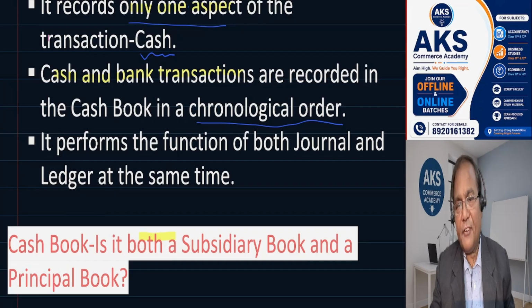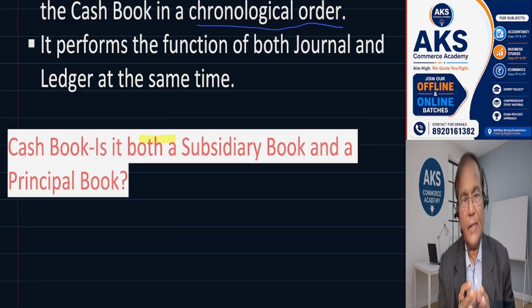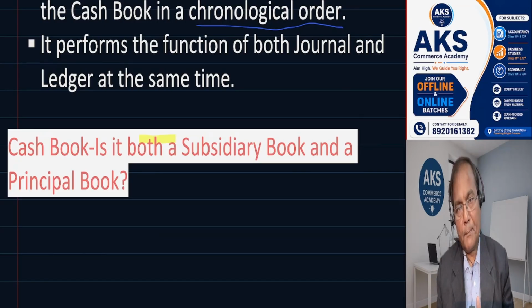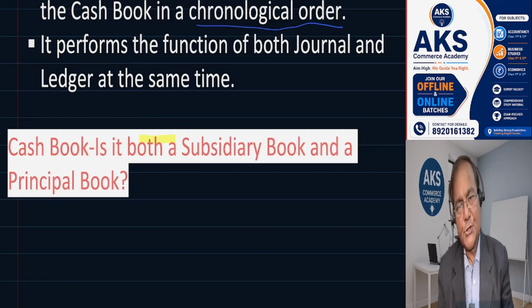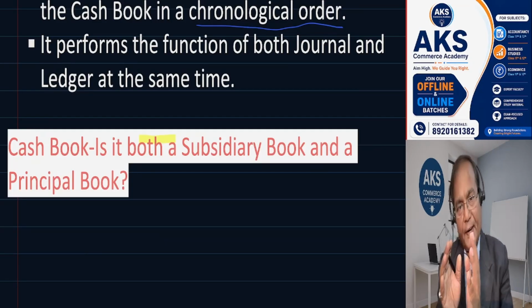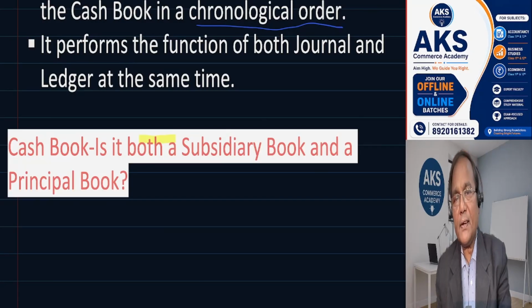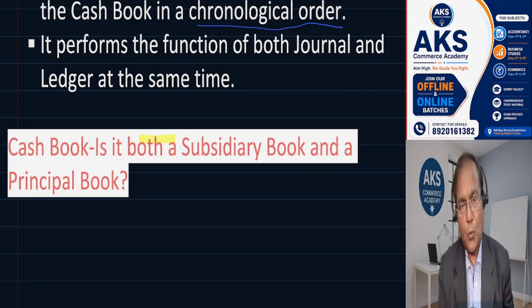It performs as a function of both journal and ledger at the same time. We have seen, as I told you, that for any subsidiary book, say for example the cash book, there will not be a cash account prepared. Since the entries are made directly into the cash book or directly into another subsidiary book, no separate ledger account for these subsidiary books is required.